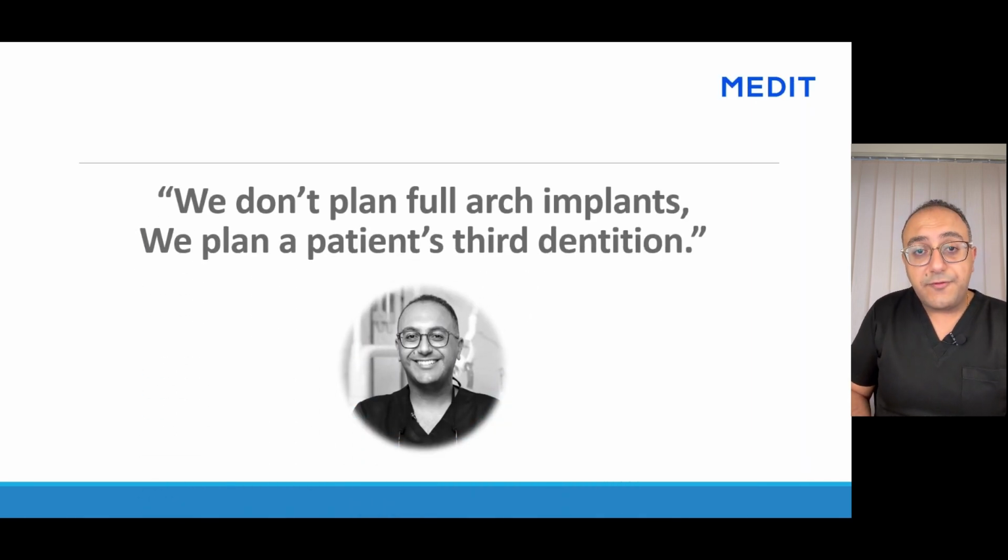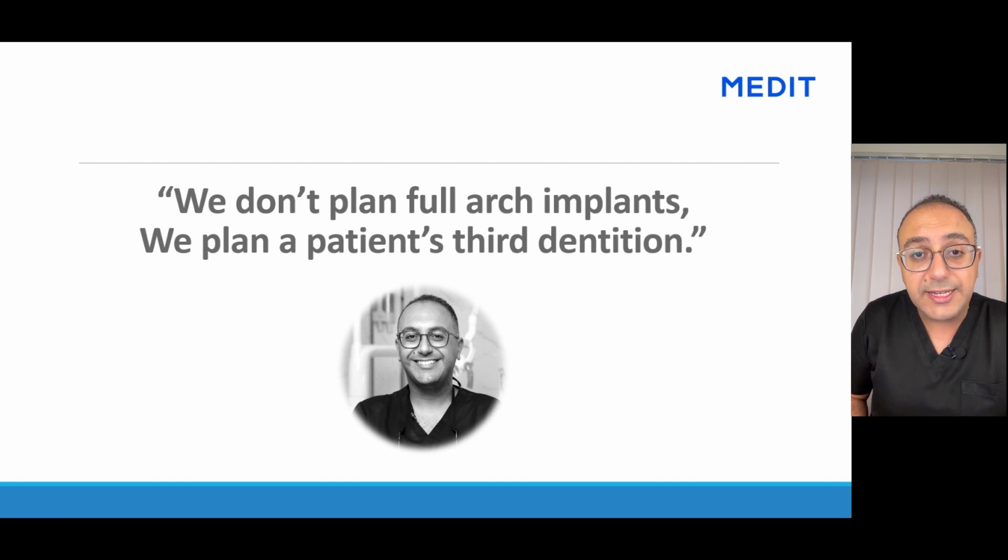So the fact is, we don't plan full arch implants, we plan a patient's third dentition. And that's very important because sometimes dentists think that you plan where you are going to put your implants in the patient's bone, but you don't give much care or planning to the final restoration.